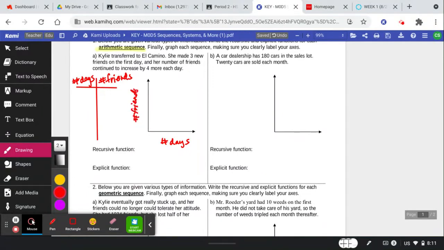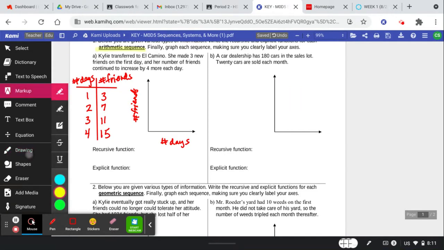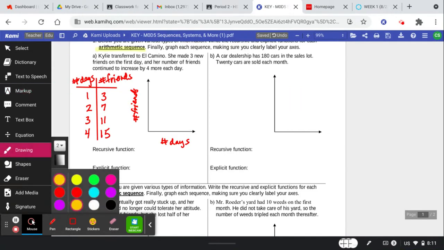It says on the first day, she made 3 new friends. And then every day after that, it was 4 more. So we're just filling in the table there for how it would be 4 more, 4 more than that, 4 more than that. How'd you do?